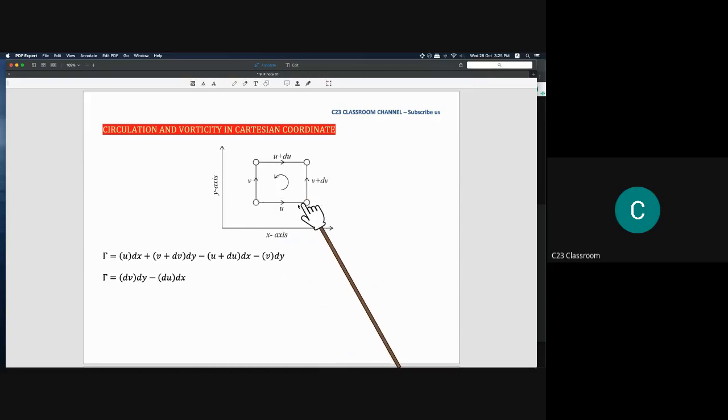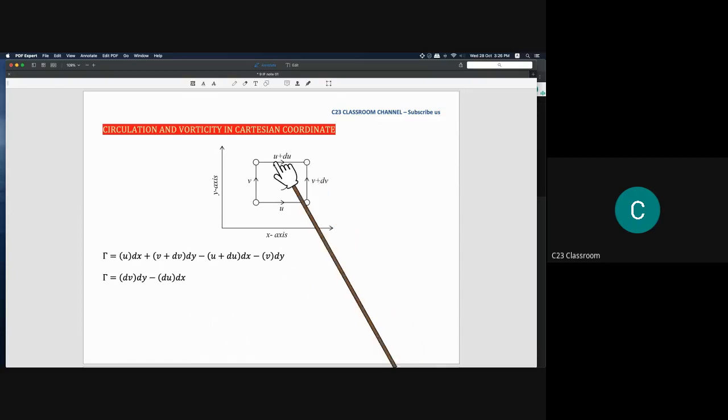For this situation, it is u times dx, and the width of this path is equal to 1, so we remain with dx. Then here it moves from here to here in the positive direction, so we have positive v plus dv, and the length here is dy times 1, so we write dy.